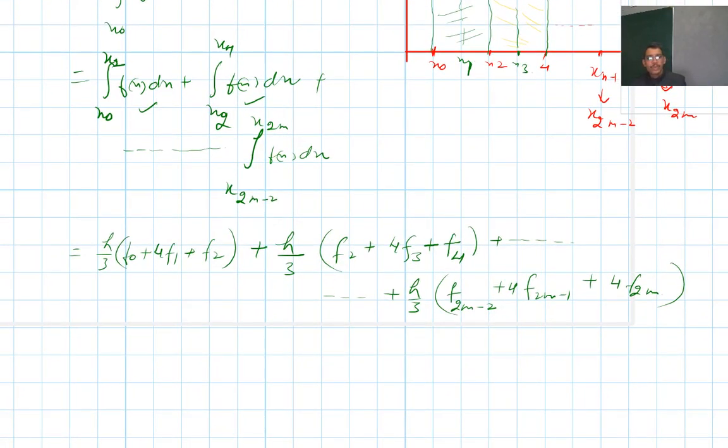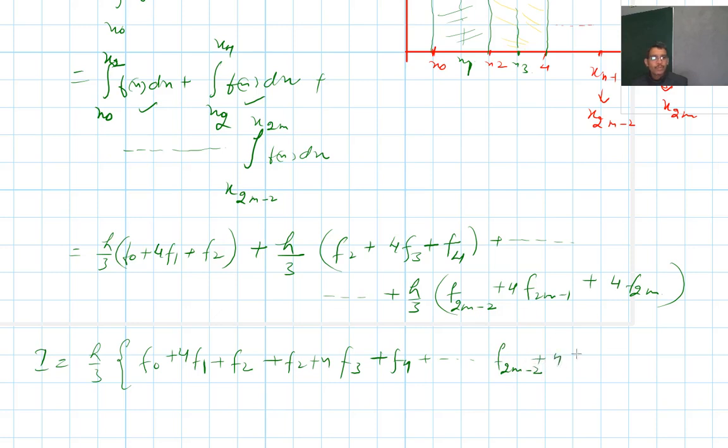Therefore the whole integral can be approximated as h by 3, taken outside, and inside it is f0 plus 4f1 plus f2, then f2 plus 4f3 plus f4, and so on, up to f of 2m minus 2 plus 4f of 2m minus 1 plus f of 2m.